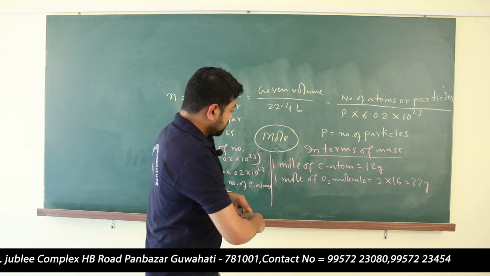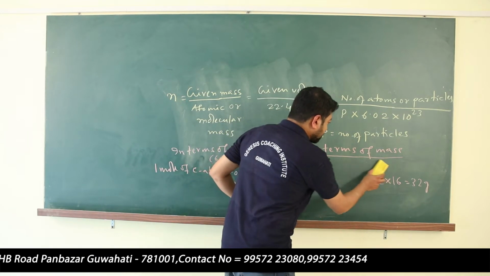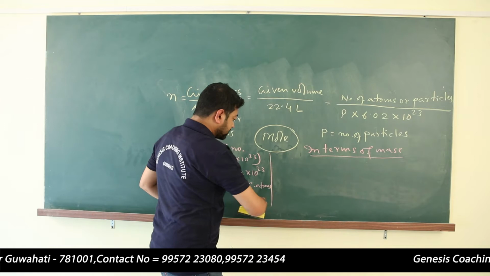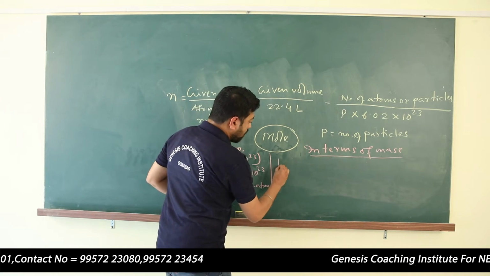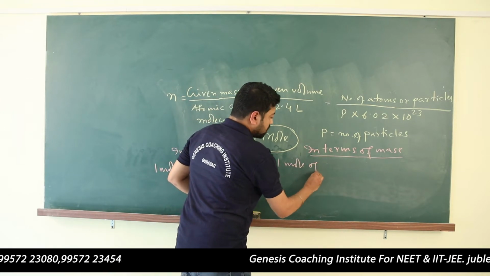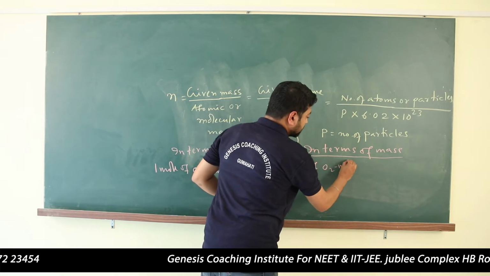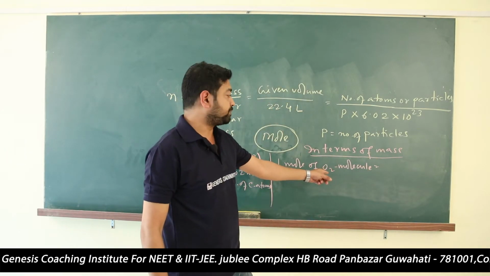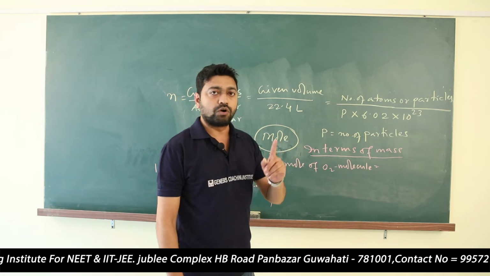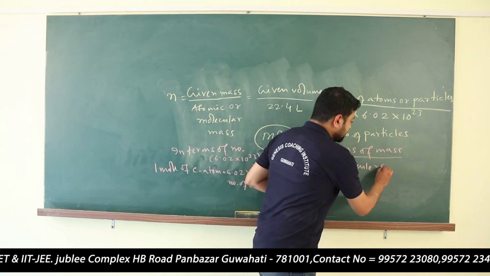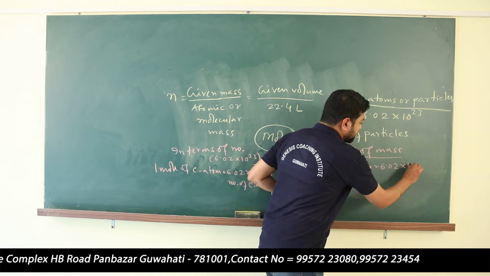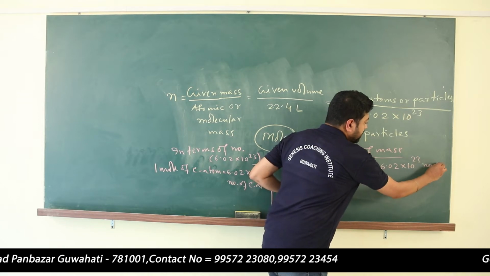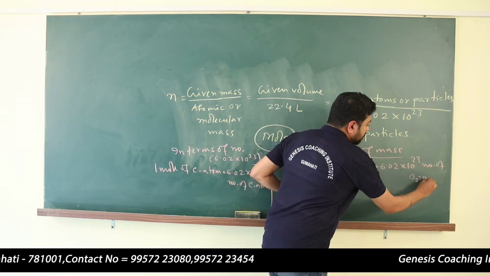Now say 1 mole of O2 molecule. See how many O2 are present. O2 is only 1, that is why it is 6.02 into 10 to the power 23 number of O2 molecules.